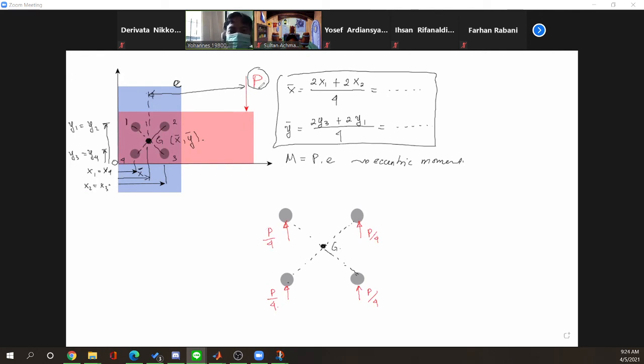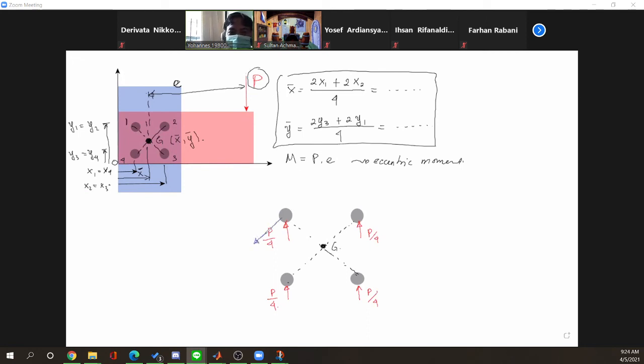Then this external load also creates moments which turn the joint in clockwise direction. So in order to be in static condition, there must exist load that can resist that rotation. Sorry, I will choose another color for this. Blue, I think it's okay.